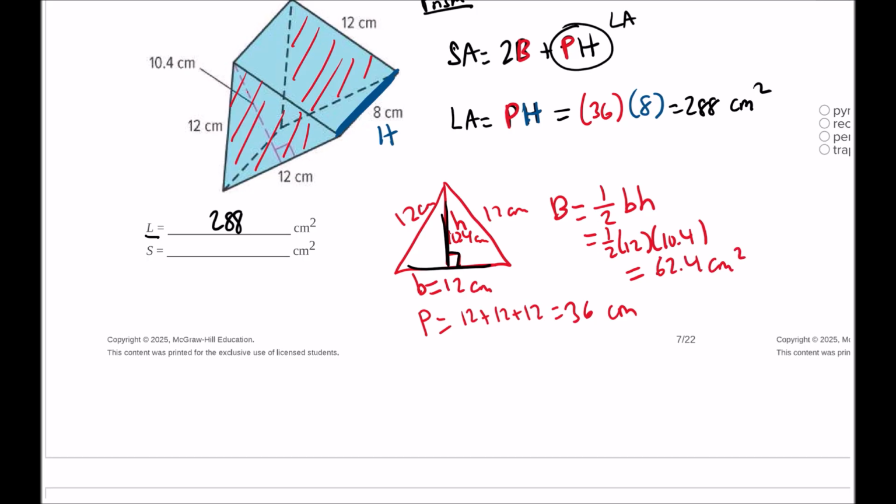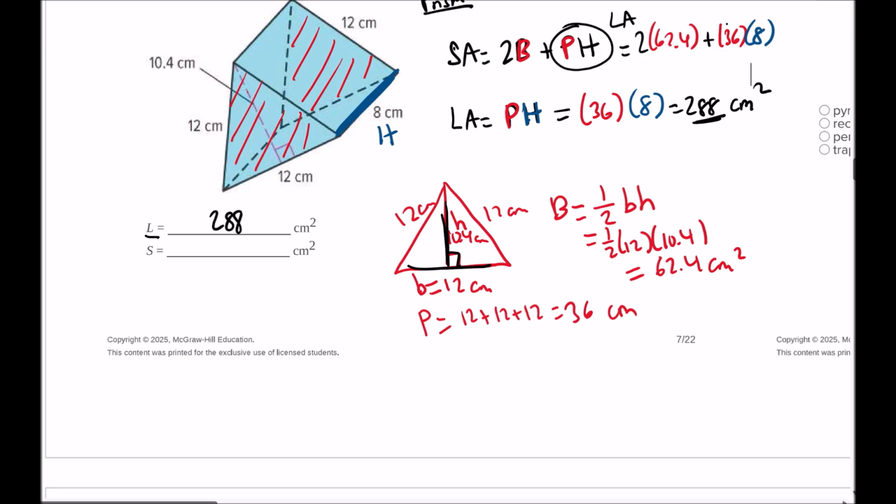So we're going to plug that in for the surface area. So 2 times 62.4 plus what we have found here, which is the 36 times 8, gives us the total surface area.